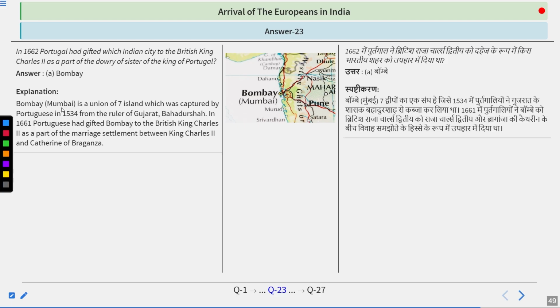After that, Portuguese and British cooperated with each other, and Portuguese settlements remained in Goa only, in majorly India. Bombay is a union of seven islands which was captured by the Portuguese in 1534 from the ruler of Gujarat, Bahadur Shah. In 1661 the Portuguese gifted Bombay to the British King Charles II as part of the marriage settlement between King Charles II and Catherine of Braganza. So the answer is Bombay.